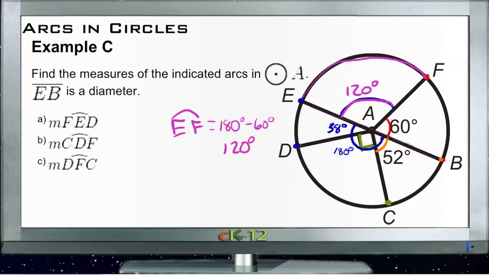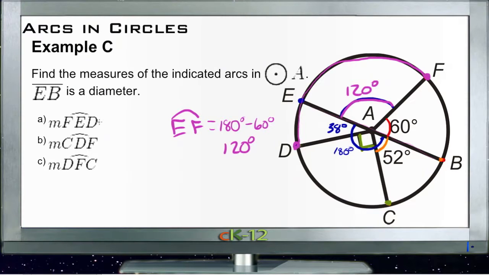There we go. Okay, so example C asks us to find the measures of the indicated arcs in circle A. So the indicated arcs then are the measure of arc FED, which is from here around to over here. So it's kind of an extension of minor arc FE, right?